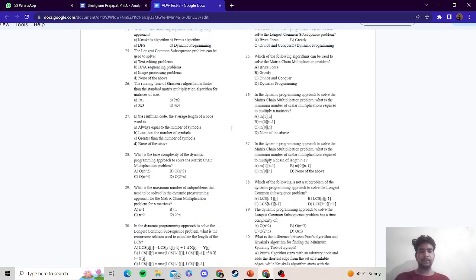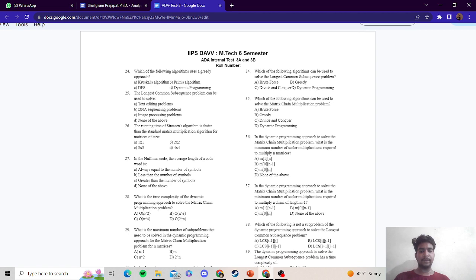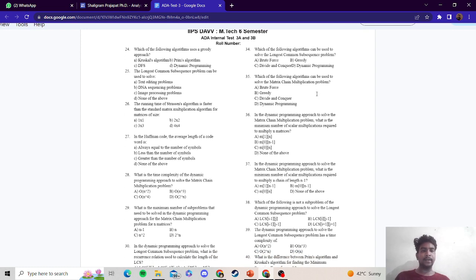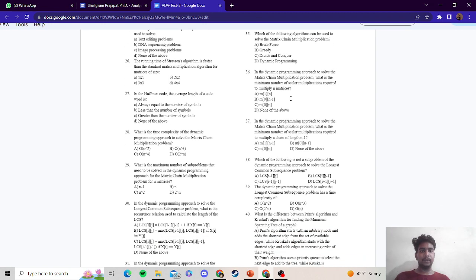Question number 34. Which of the following algorithms can be used to solve the longest common subsequence problem? So dynamic programming can be used to solve the longest common subsequence problem. Question number 35. Which of the following algorithms can be used to solve the matrix chain multiplication problem? So dynamic programming can be used.